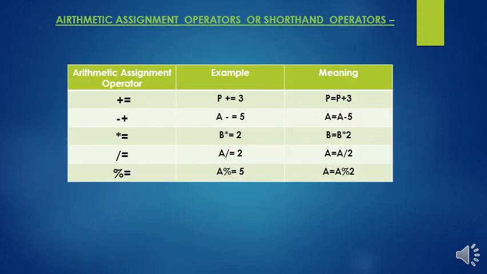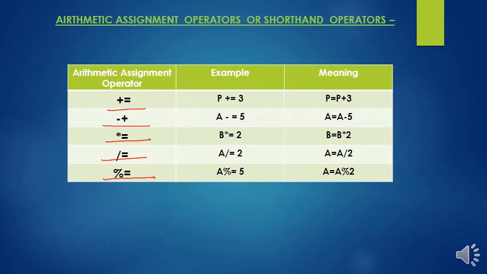So the next very important operator is the shorthand assignment operator. A shorthand operator is a shorter way to express something that is already available in the Java programming language. Some shorthand arithmetic operators are plus equal to, minus equal to, asterisk equal to, slash equal to, and mod equal to.